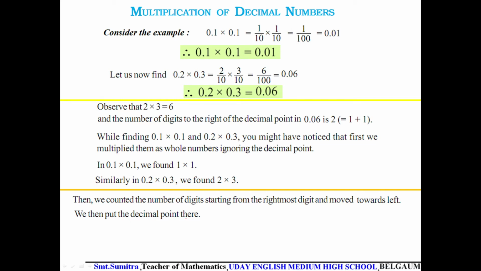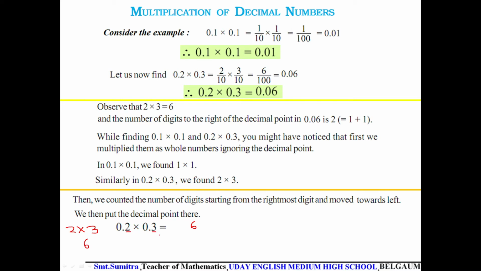I'll explain this one with the help of an example. I'll take the same example, 0.2 into 0.3. Please observe this one. First, you consider the numbers 2 into 3. The product is 6. And I'll write the 6 here. After the decimal point, there is 1 digit, and here after the decimal point, there is 1 digit.